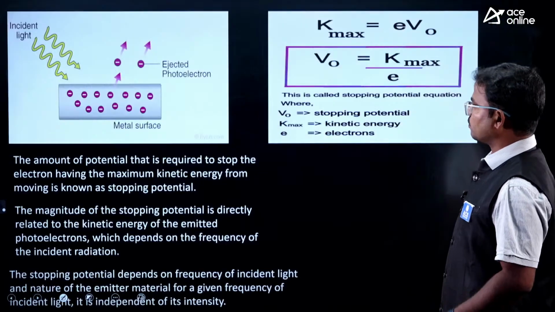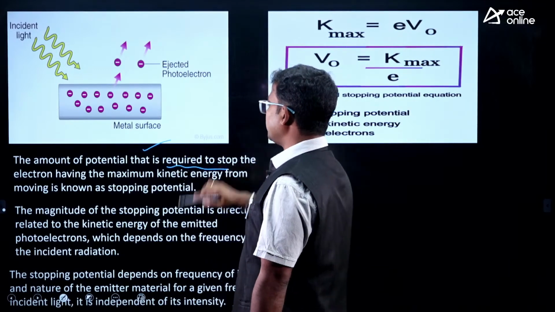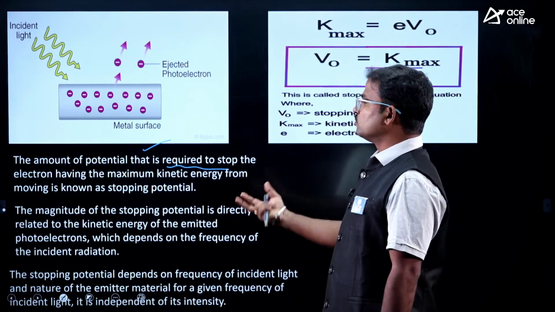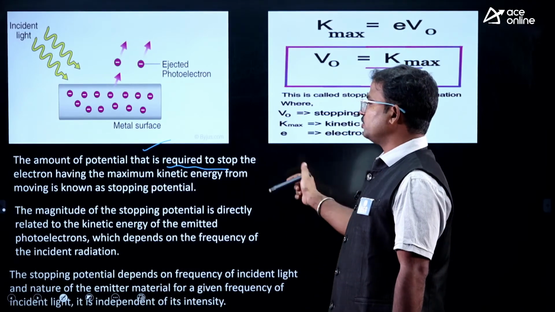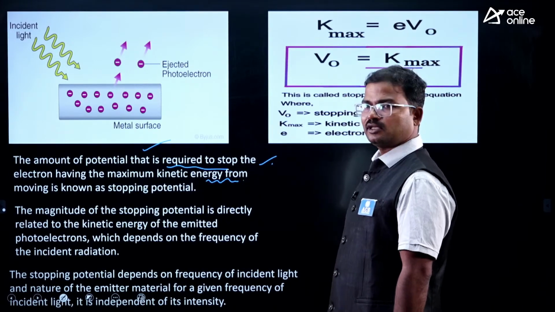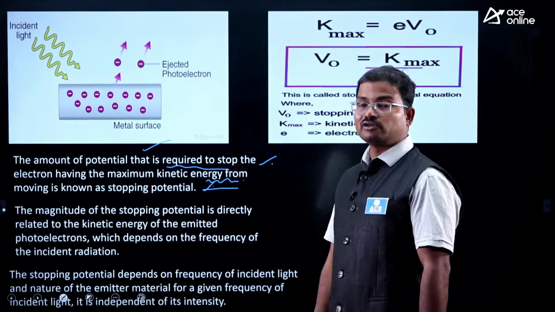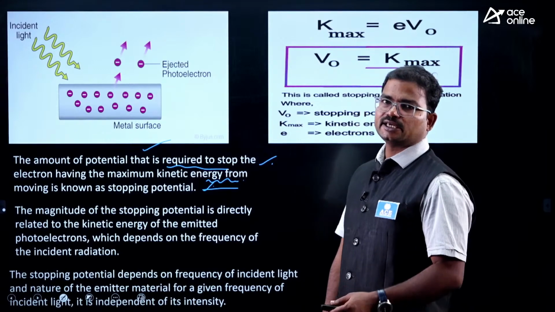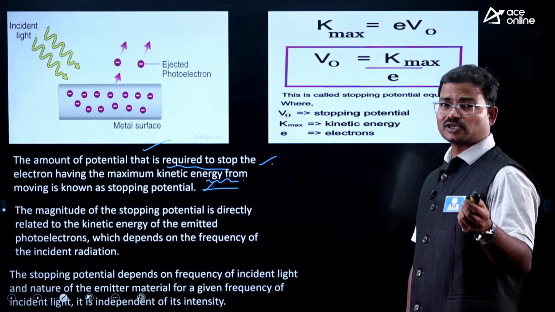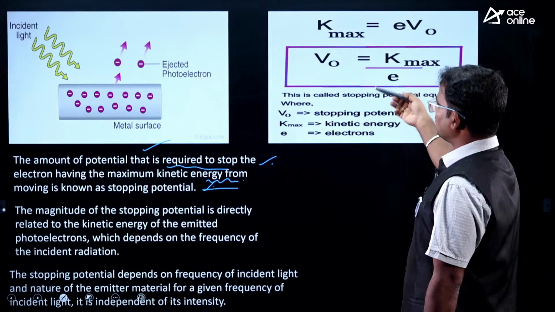What is meant by stopping potential? Stopping potential is the amount of potential required to stop the electron having maximum kinetic energy from moving. This stopping potential is directly proportional to the frequency of incident radiation. This is the exact equation representing the concept.